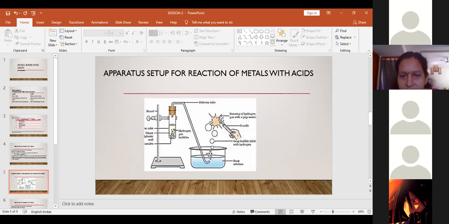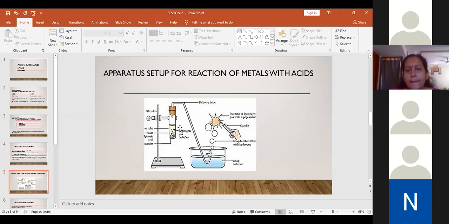Now this is a picture which is given in your book. I hope all of you are having your textbook in front of you. Yes, ma'am. In this picture, there are certain things to notice. This is a test tube in which the hydrogen gas is evolved because the acid and the zinc granules are in this test tube.